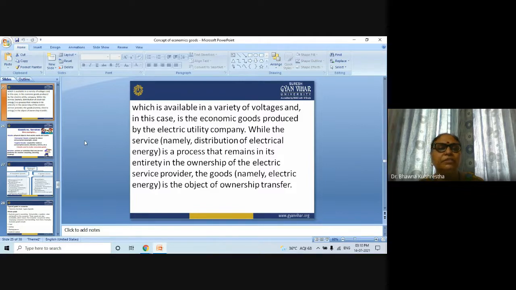These are the goods in the transfer of ownership.